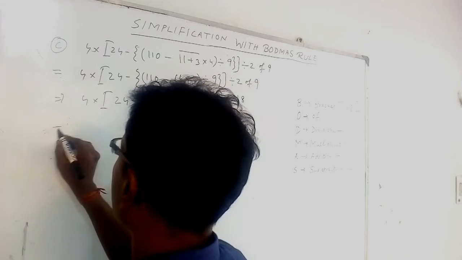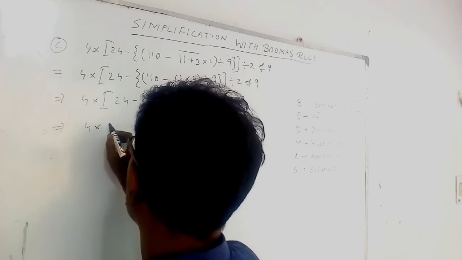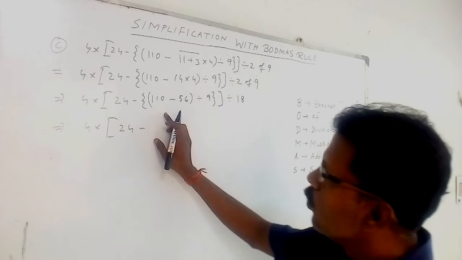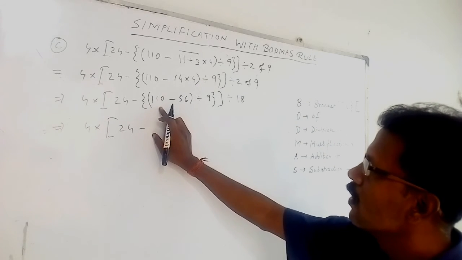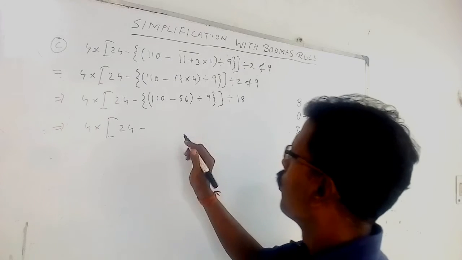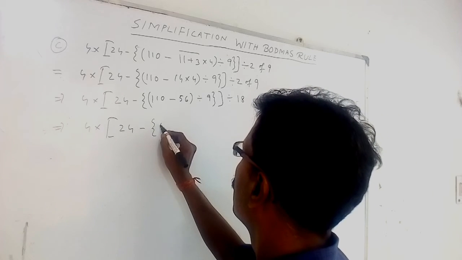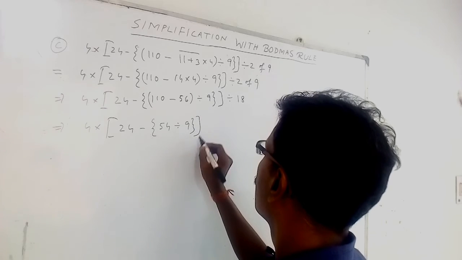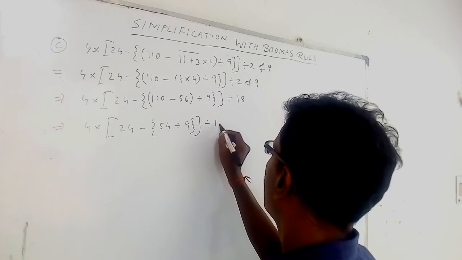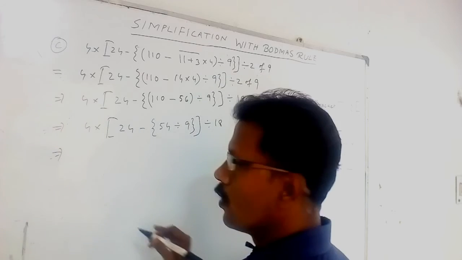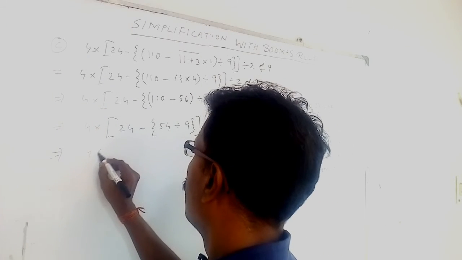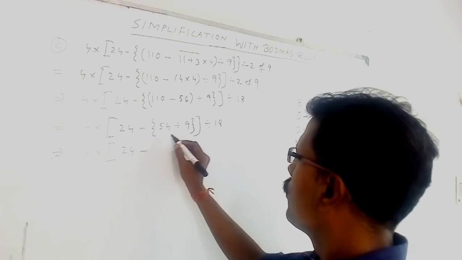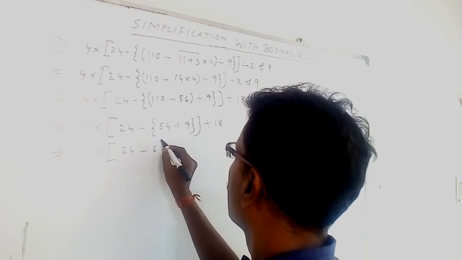Now come to the starting. 4 into third bracket 24 minus, now do the work of first bracket, that is 110 minus 56, which is 54, divided by 9, closing of second bracket, third bracket, divided by 18. Now 54 divided by 9 is 6.